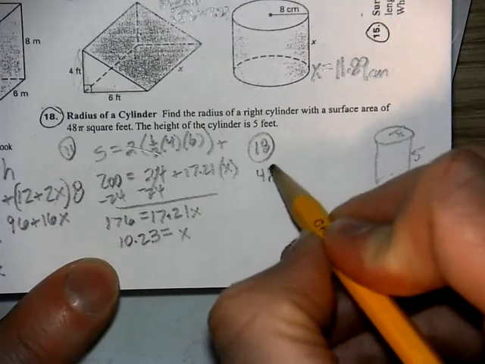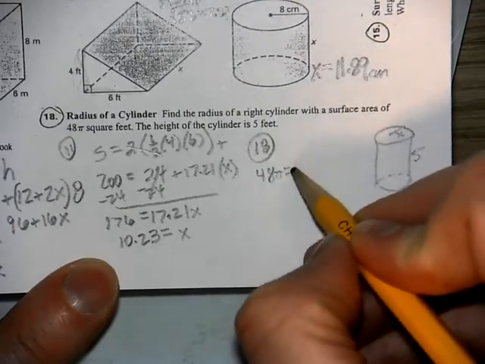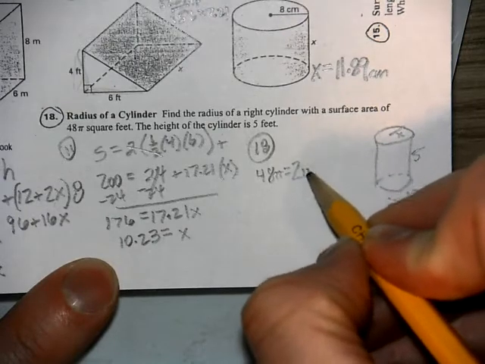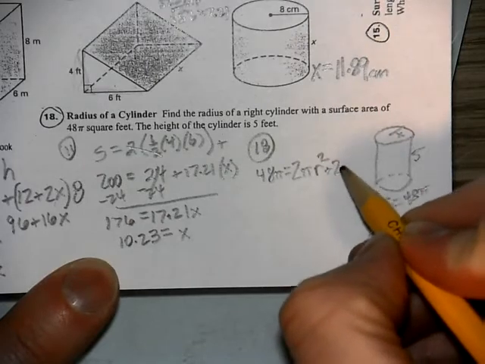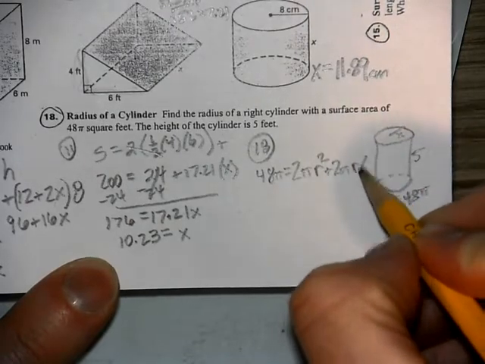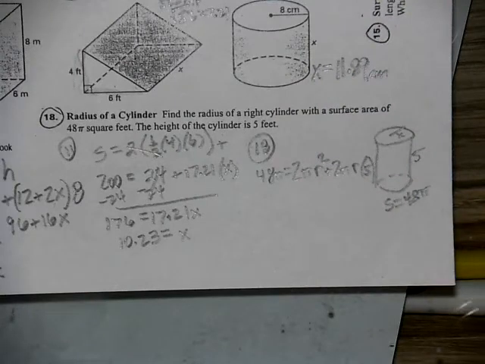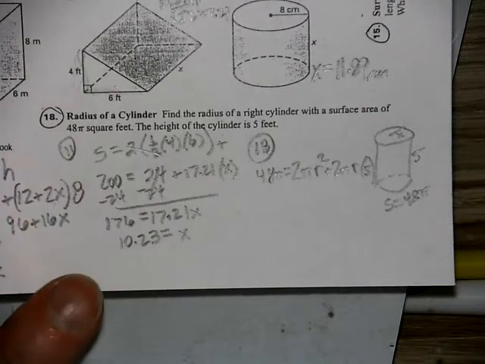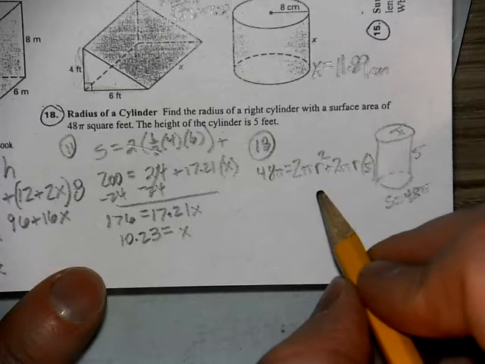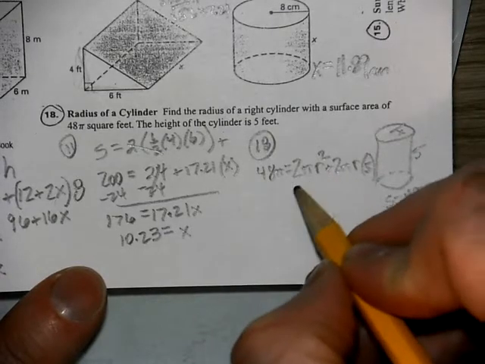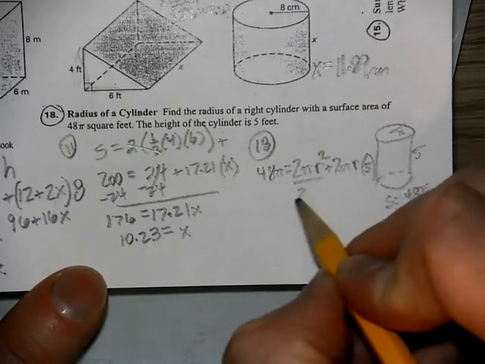So we're going to say 48 pi equals 2 pi r squared plus 2 pi r times 5. Interesting. So now what we're going to do, we can divide everything by 2 pi.